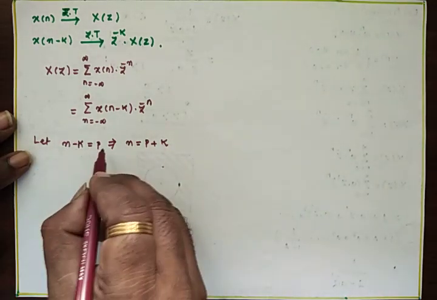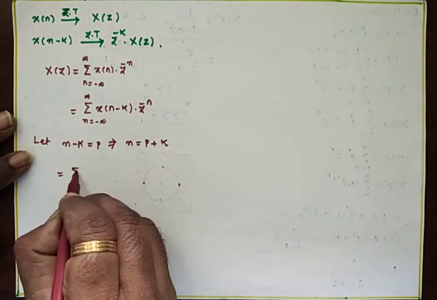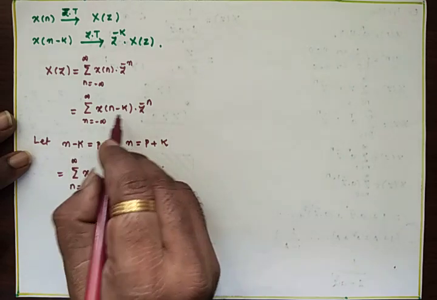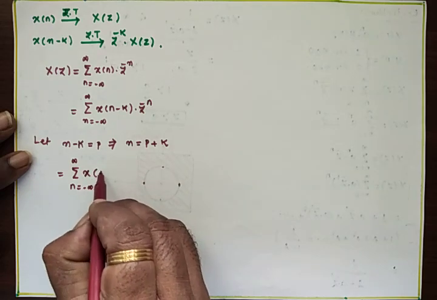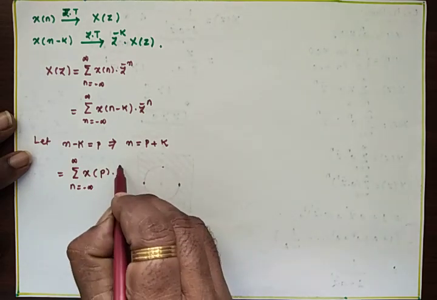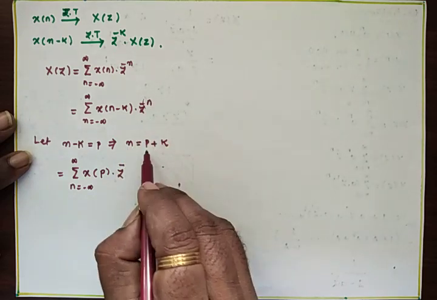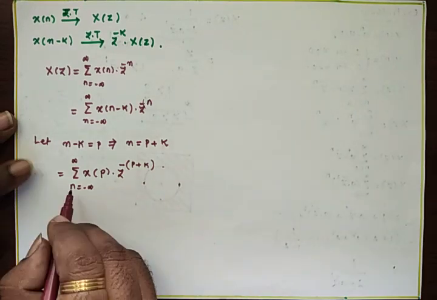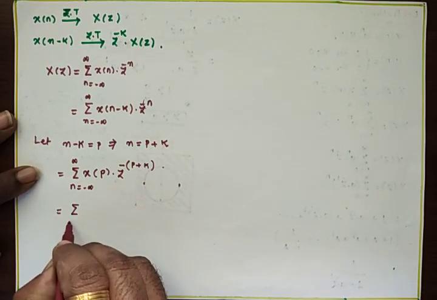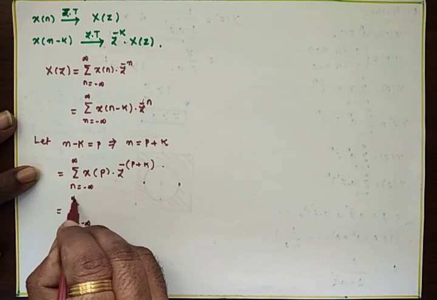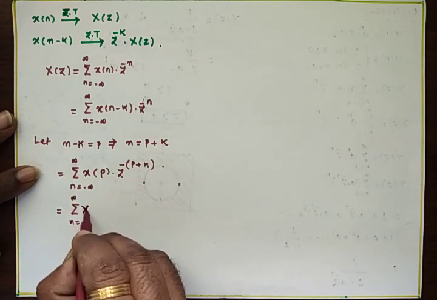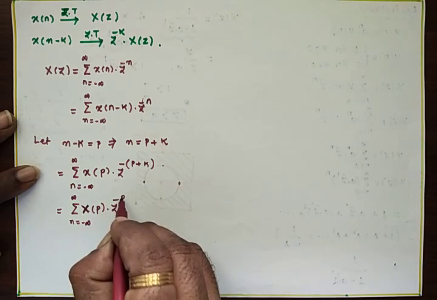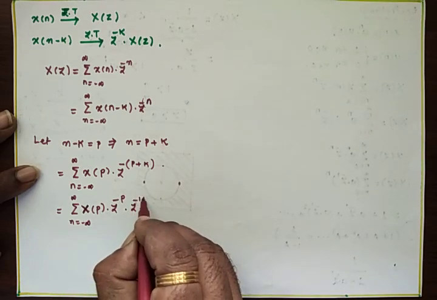Then I can write this by substituting: sigma n equals minus infinity to plus infinity x of n minus k, which I can call p, into z to the power of minus n, where n equals p plus k. Then you can distribute this: sigma x of p into z to the power of minus p into z to the power of minus k.